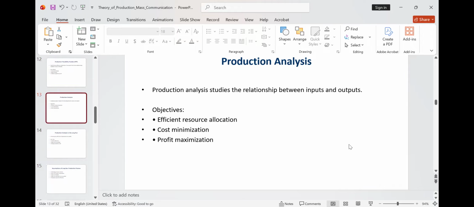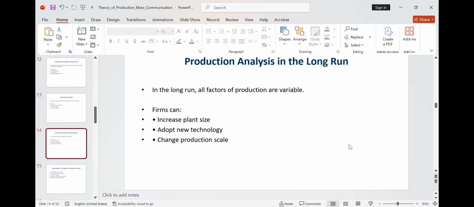Let's go on to production analysis. Production analysis studies the relationship between input and output, just like we said earlier, the production function. The objective is to always achieve efficient resource allocation, cost minimization, and profit maximization.